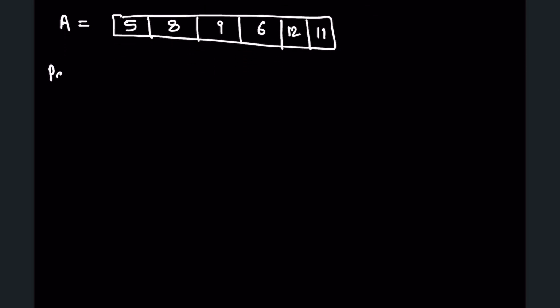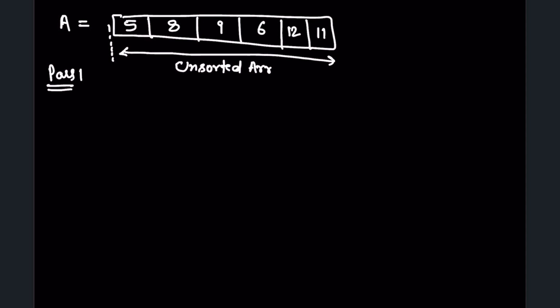So in the very first pass we will assume that this whole array is the unsorted array, and this part of the array is blank, that is the sorted array, already sorted array. So in the very first pass, pass 1, we will do some operations.